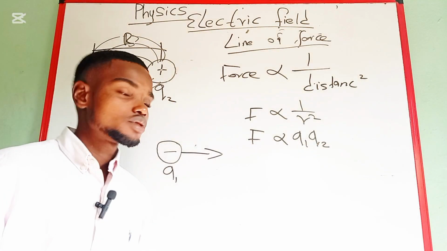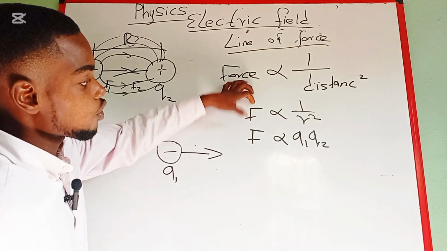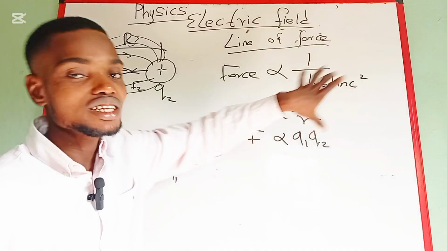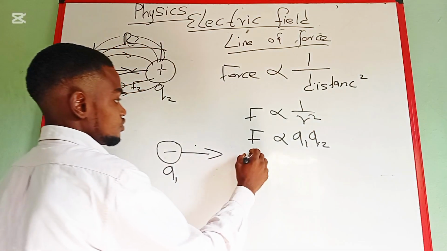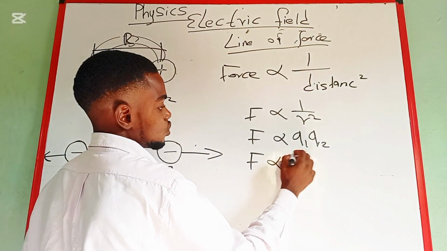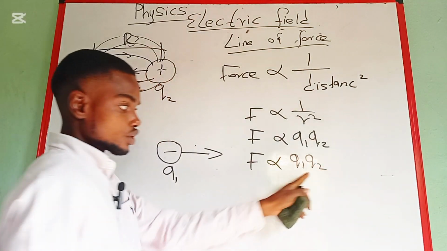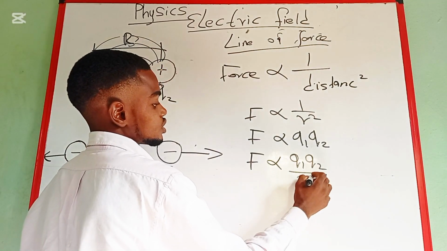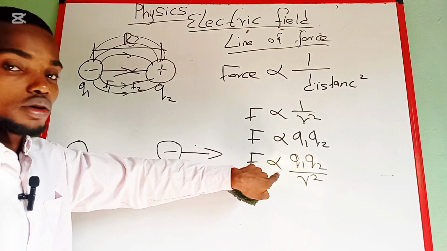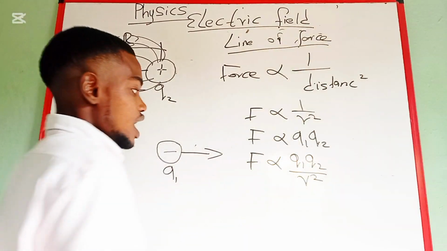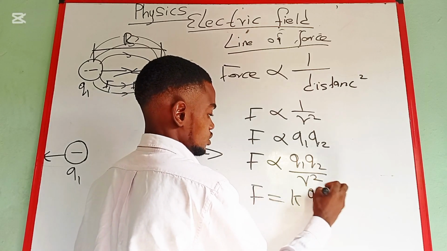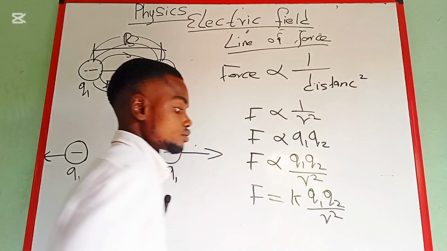Because all of these are force, we can join these together as a joint variation to state that F is directly proportional to Q1 Q2, the product of charges, and inversely proportional to R squared. We have to remove the sign of proportionality and put a constant, so F equals K Q1 Q2 over R squared.